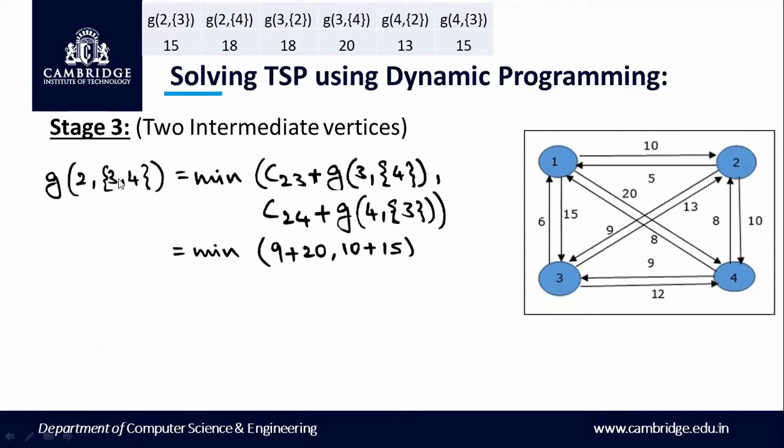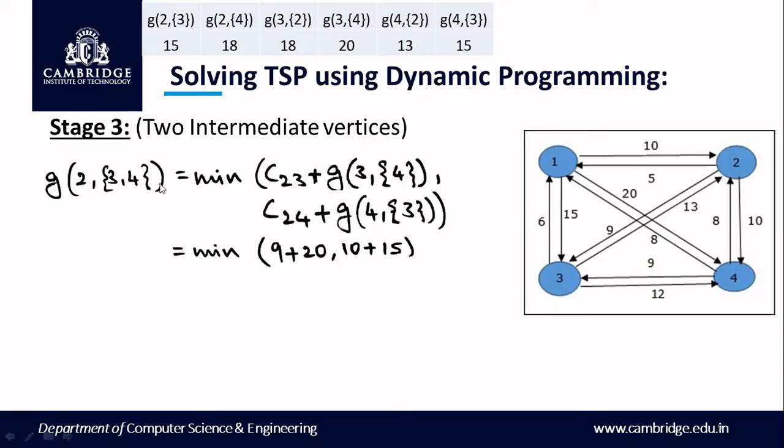Now when you have more than one vertex in the set of intermediate vertices, we get a choice. Either you can reach from vertex 2 to vertex 3, C of 2 to 3 plus cost of connectivity from 3 to destination via the remaining vertex of this set, that is vertex 4.